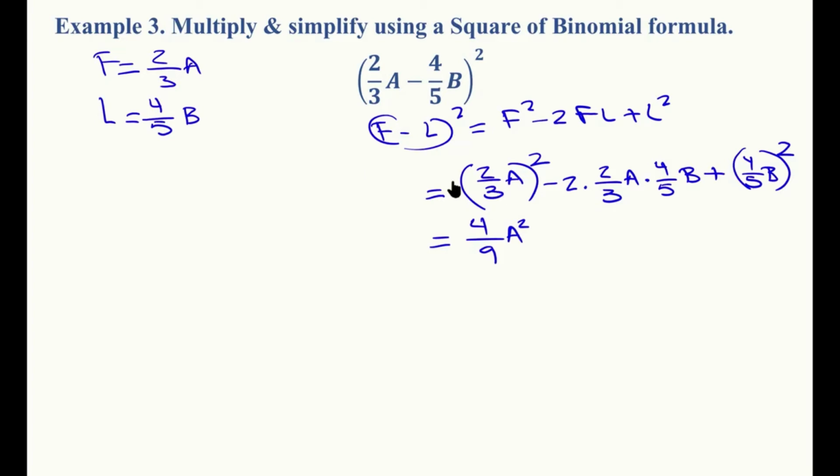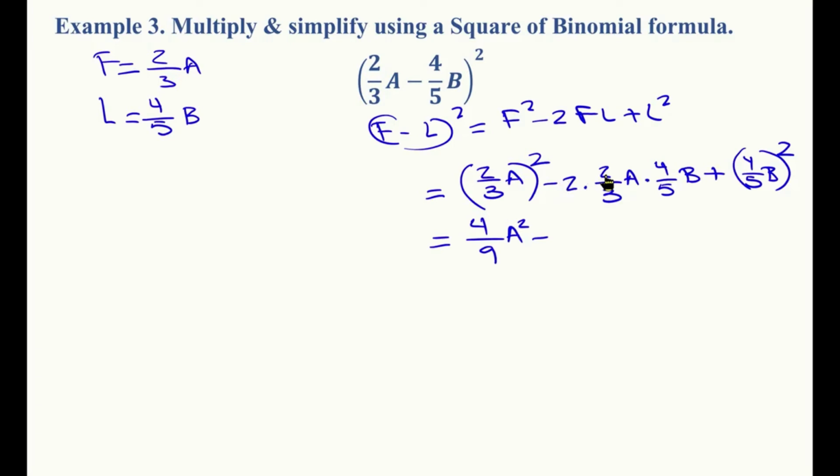Remember, every factor has to get squared if it's in a group like this being squared, minus, now here we're going to see if we can do any cross canceling, and we notice that none is possible, so we go ahead and multiply across.